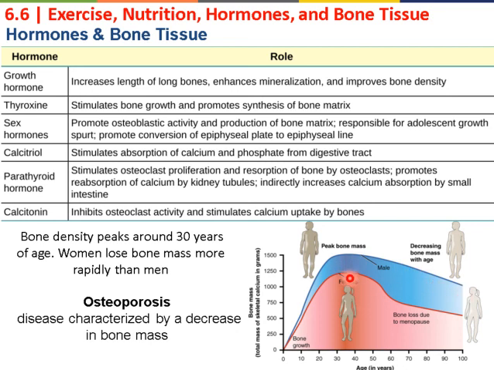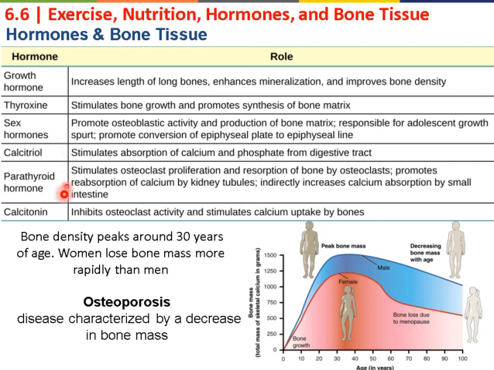However, in the female, the decrease is faster than in the male, especially after the age of 50, and this is due to menopause, by which the estrogen level decreases, so the growing or maintaining of the bone decreases, and the female starts to lose bone much faster than the male.